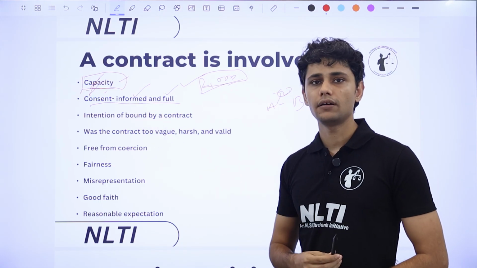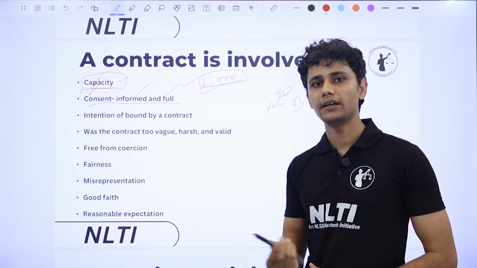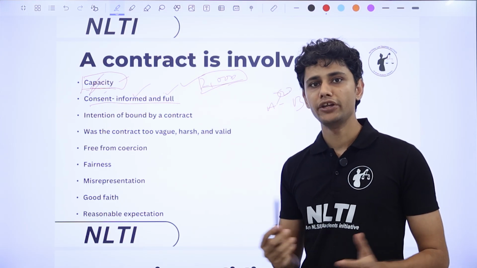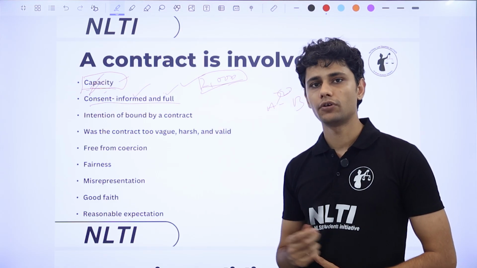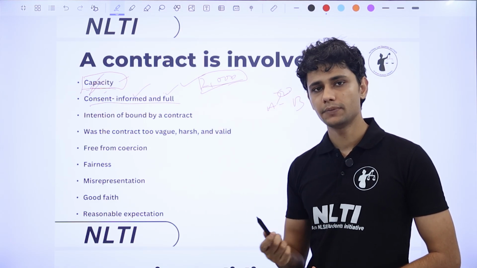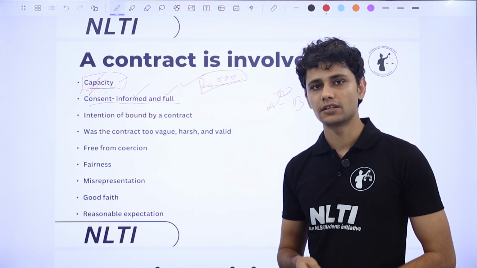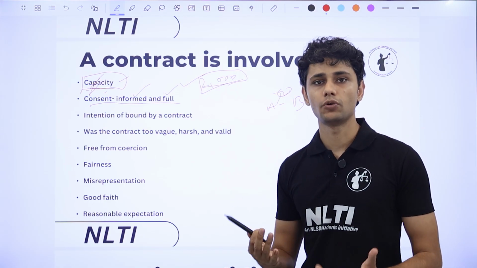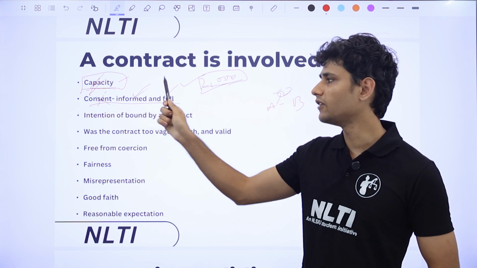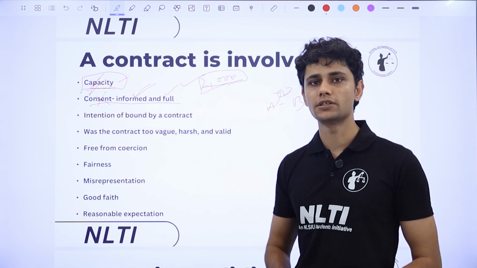In some cases, for example, I'll tell you that I'll sell you my car, okay? My car is a brand new Honda City and I'll give it to you for, let's say, 10 lakh rupees. I sold this car to the other person and the other person comes to find out that this car actually has a lot of internal defects which I was not told about. So then you can say that my consent was not there because it was not informed. I did not even know about the features of this car.